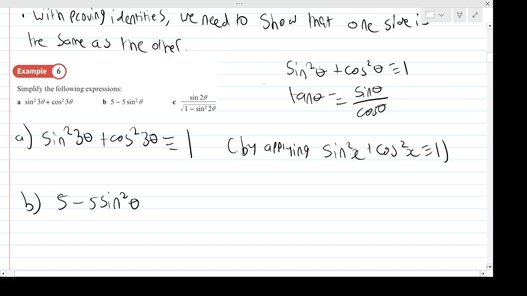Well, we can rearrange these identities if we need to. If sine squared theta plus cos squared theta is 1, then if we subtract sine squared theta from both sides, we can say that cos squared theta is also identical to 1 minus sine squared theta.